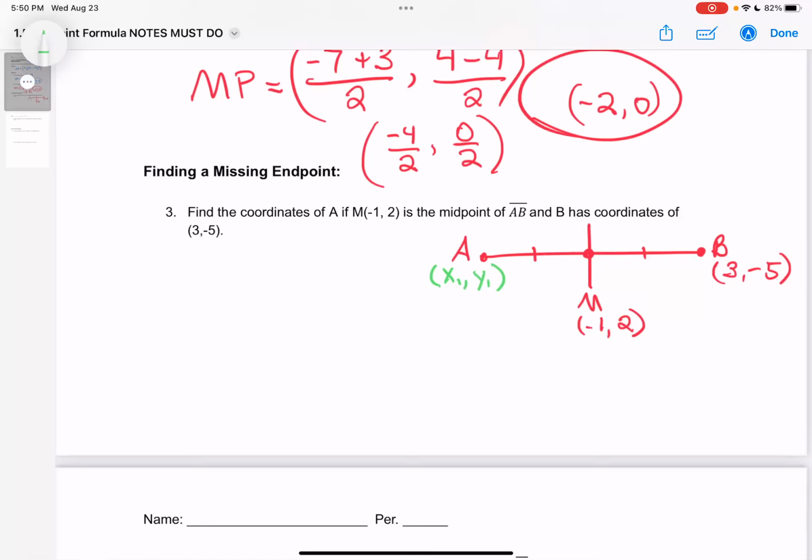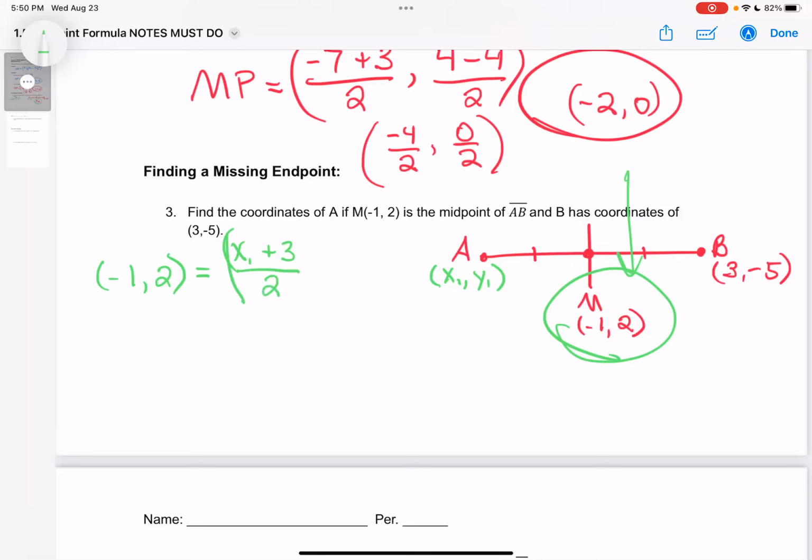So here we're given the answer that we had above. So that's like the midpoint, what we were calculating. We're already given that. So we're going to say the midpoint is -1, 2, and that equals x1 plus 3. So adding the two together, the first one just being x1 because we don't know what it is.